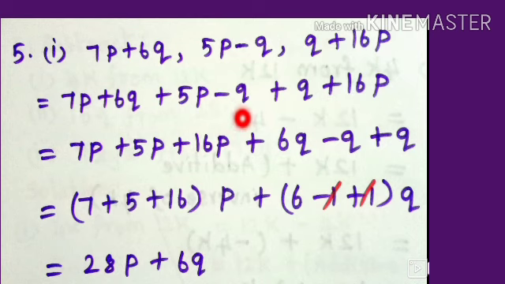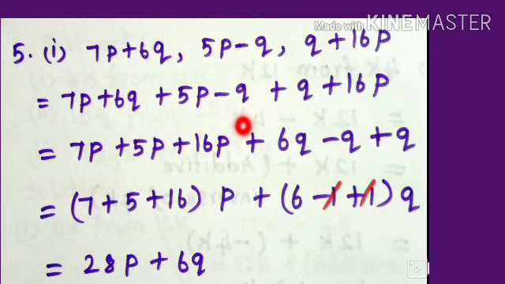Write down like this. So, that is 7p plus 6q plus 5p minus q plus q plus 16p. Now, in the next step, 7p, 5p and 16p are like terms in p. 6q, minus q and q are 3 like terms in q.